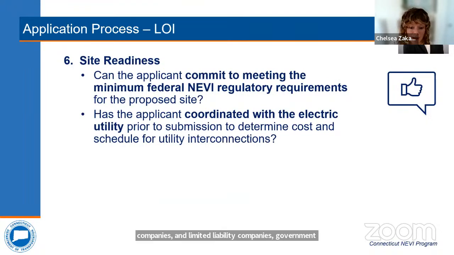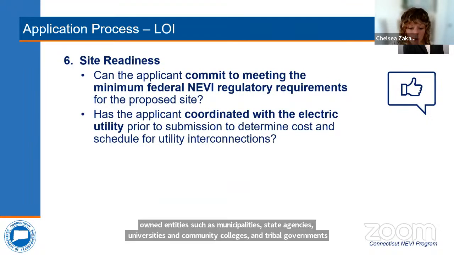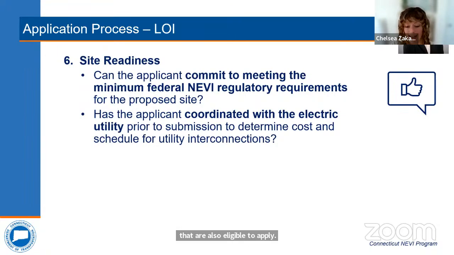Section 6 is about site readiness. The LOI asks whether or not the applicant can meet the minimum requirements. As mentioned earlier, we strongly encourage applicants to be familiar with the federal regulatory requirements.